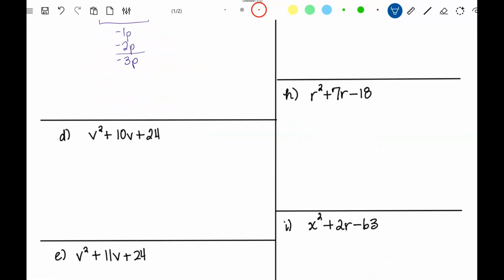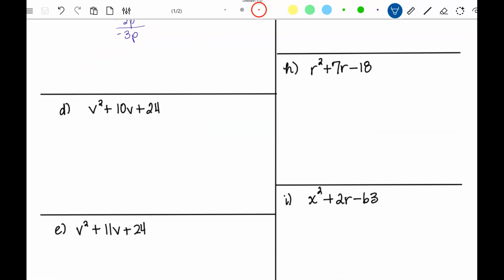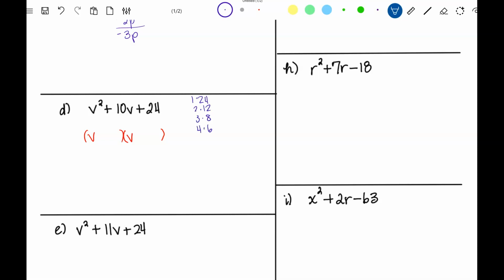Okay, so look at D and E, a little bit different. They're almost exactly the same. V squared is V times V, and 24 could be 1 times 24, 2 times 12, 3 times 8, or 4 times 6.